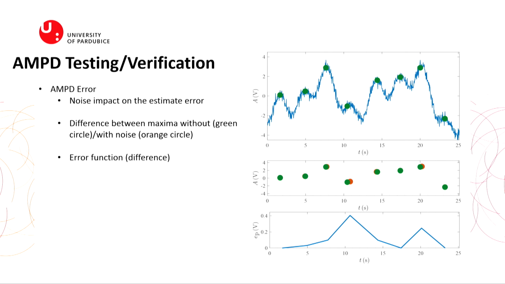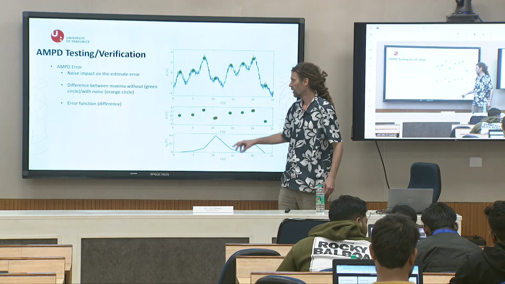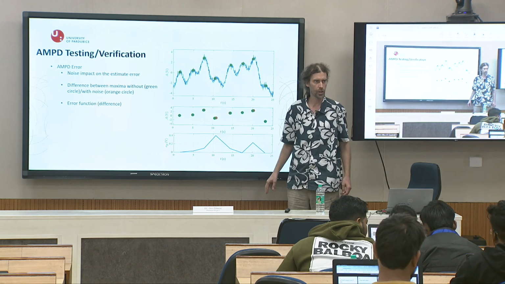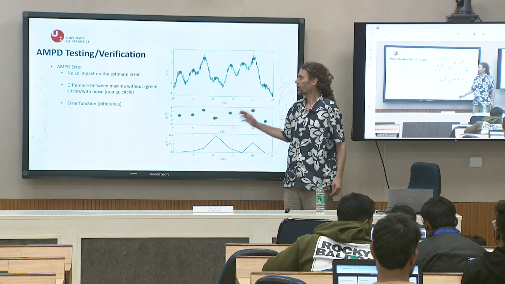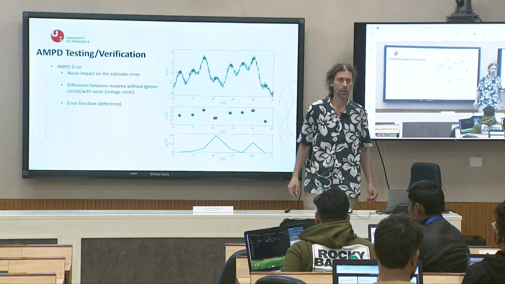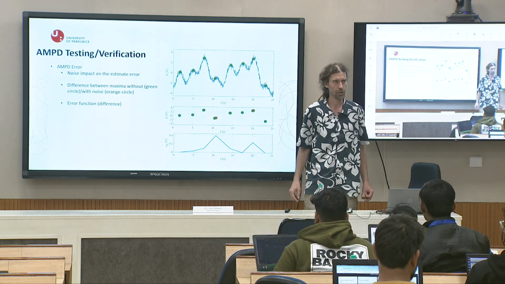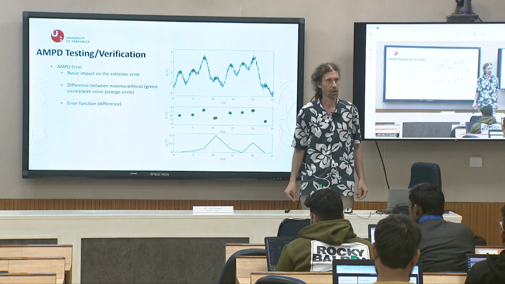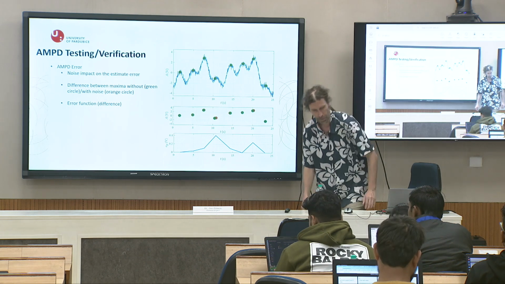And this is the evaluation of error. So you can see that this algorithm works pretty finely for detection of maxima. And after the evaluation, we selected a good algorithm for detection of maxima, and we use it for our spectrogram.